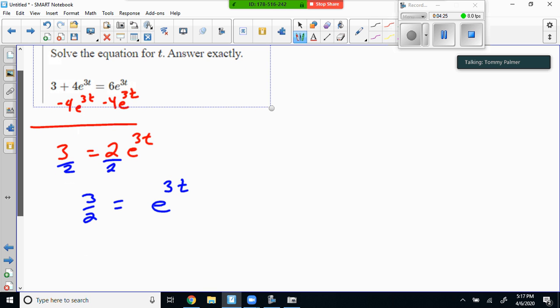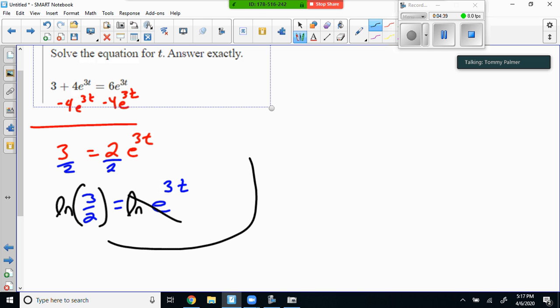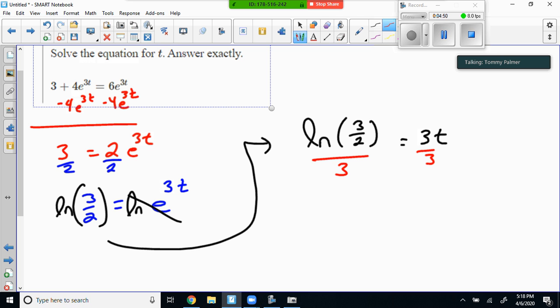Now, in doing that, I've got my e isolated. I can take the natural log of both sides. This cancels. So that's going to leave me the natural log of 3/2 equals 3t. And of course, I can divide both sides by 3.